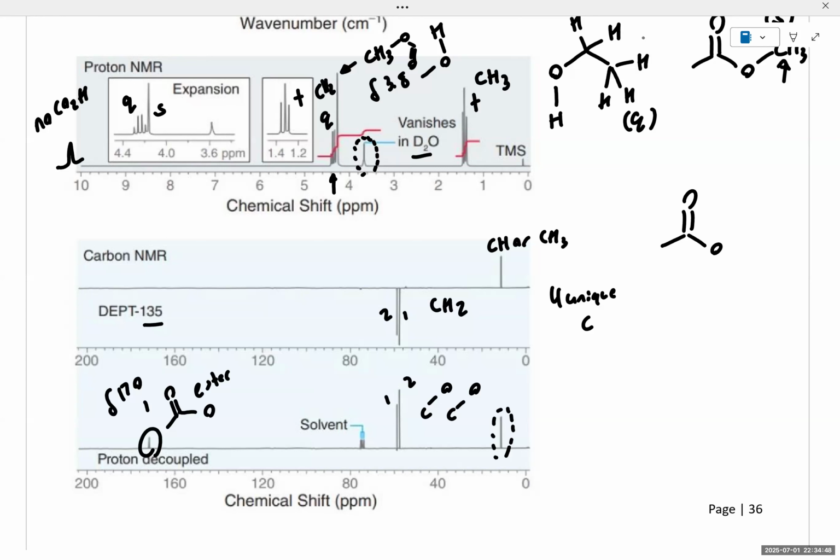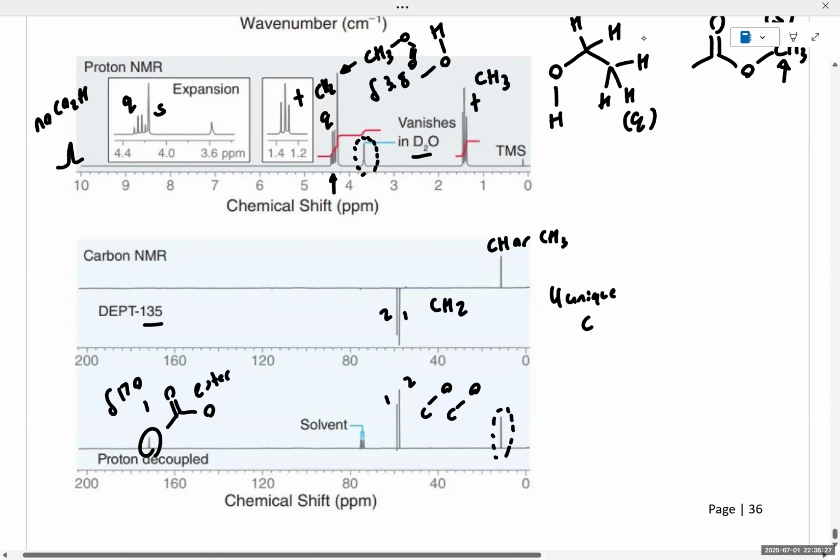So in this case, if we draw out our ester, we have 2 CH2 groups and a CH or a CH3 group. This would be the CH3 group.